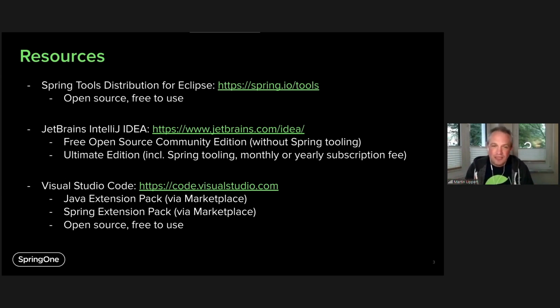Therefore, it would not make sense to have a highly wizardy-like UI showing up in VS Code. That would feel totally alien. So that's why sometimes it's very similar, sometimes it's slightly different. And IntelliJ also has different tooling, but of course aims at the same goal, making you more productive.